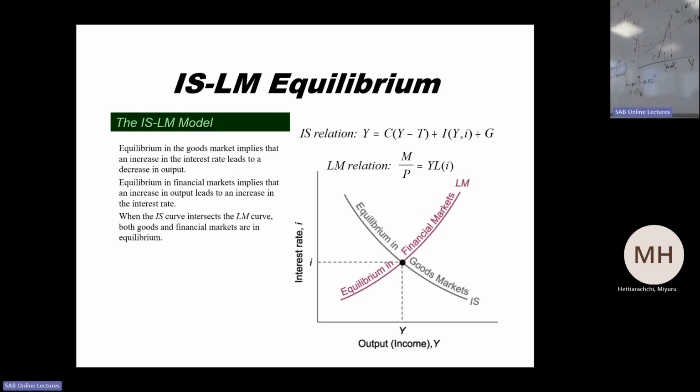The intersection point of the IS and the LM gives the equilibrium in the economy, that is the macroeconomic equilibrium, where the two markets, the real sector and the monetary sector, come to equilibrium. So that is the stable situation in the economy. This is the equilibrium interest rate, and Y is the equilibrium income.